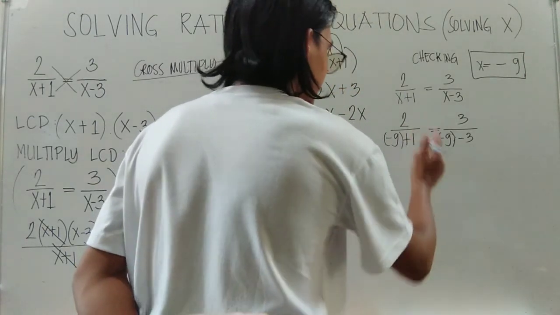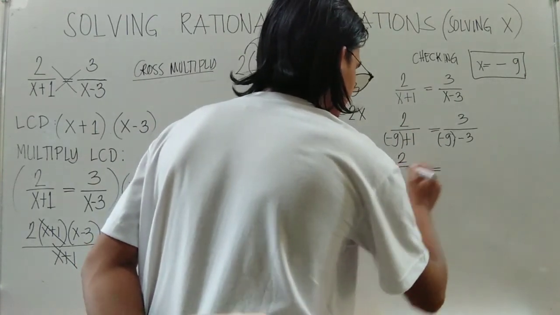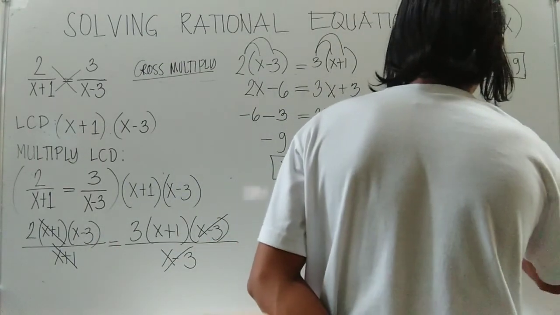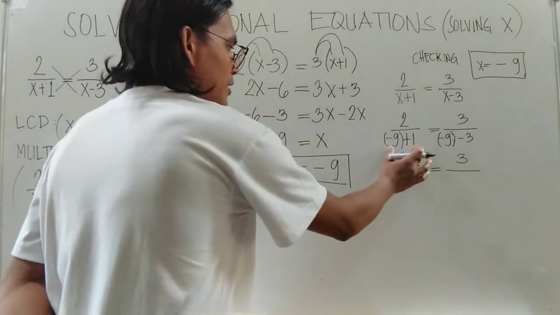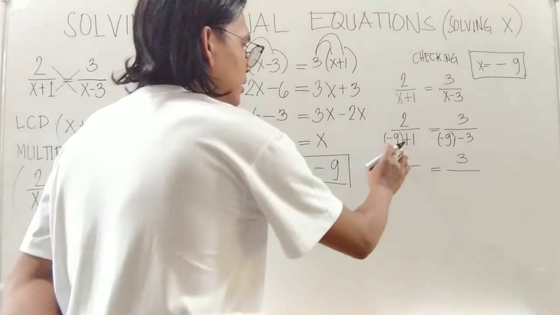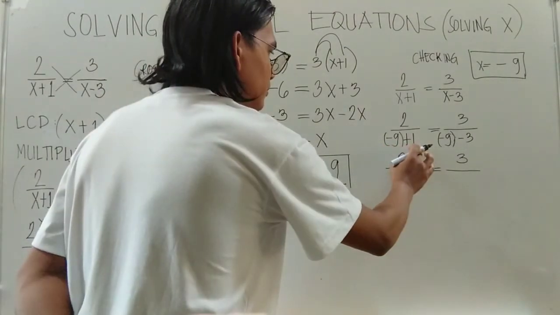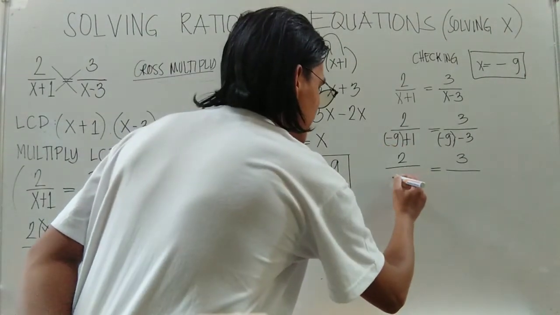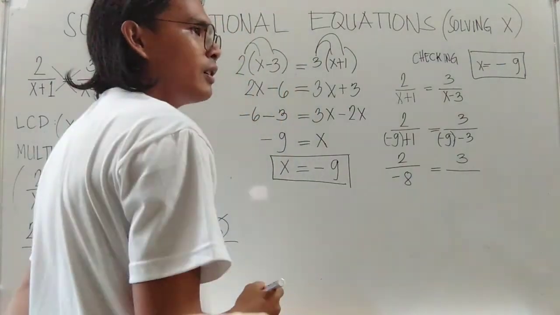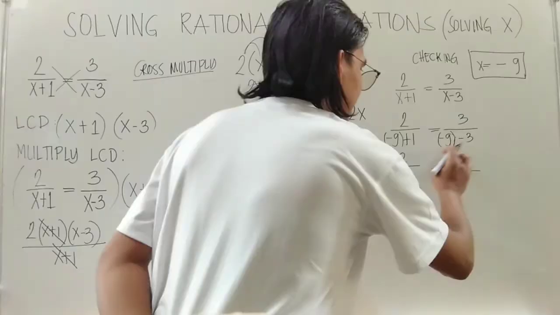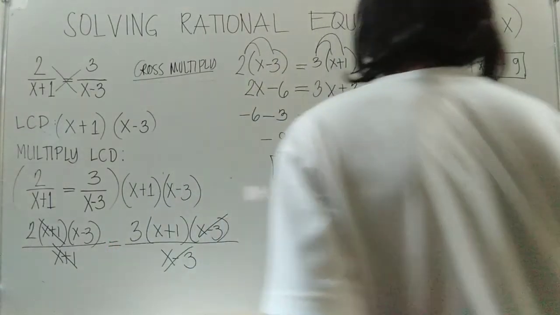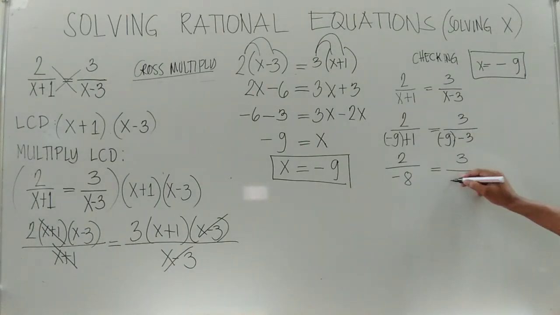Continuing to simplify, so copy your numerator because you don't have any operation. Then simplify your denominator. Negative 9 plus 1 is negative 8. Okay? Then negative 9 minus 3 is equal to negative 12.